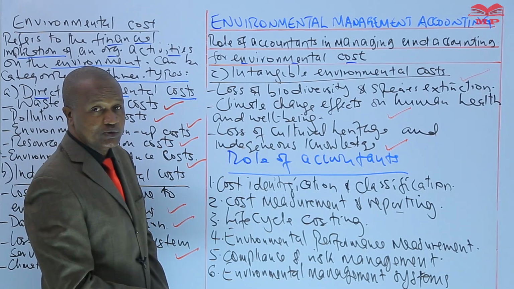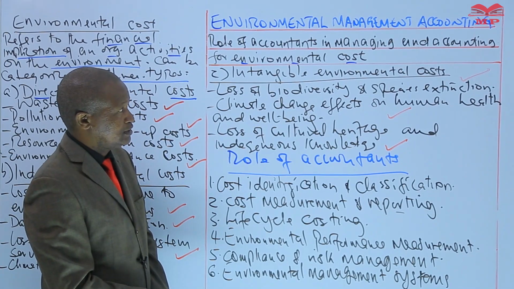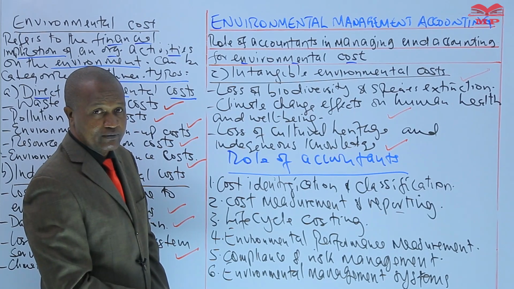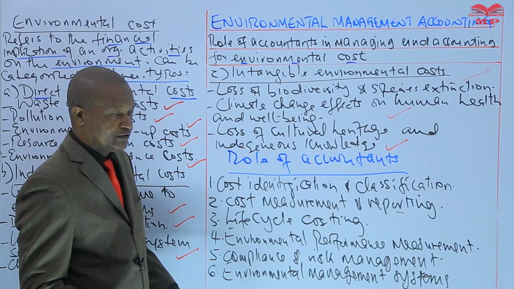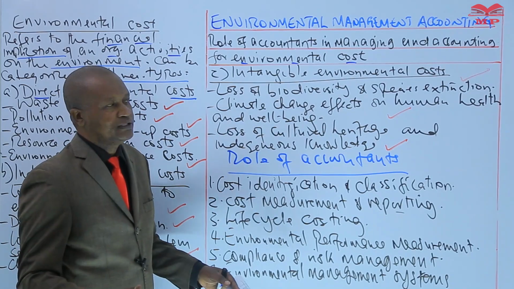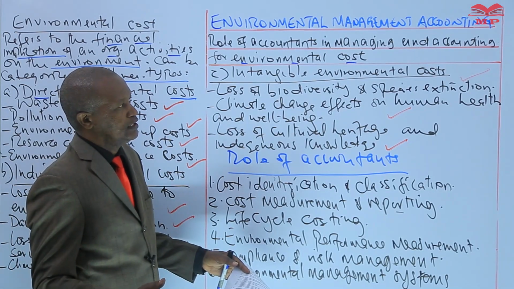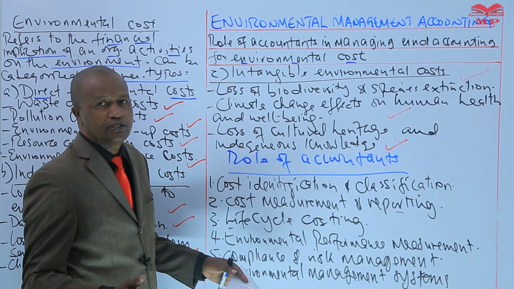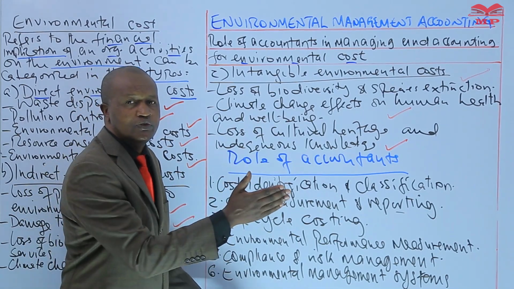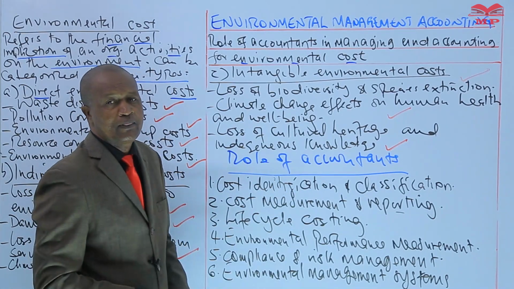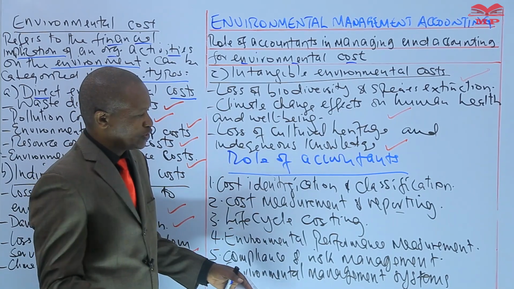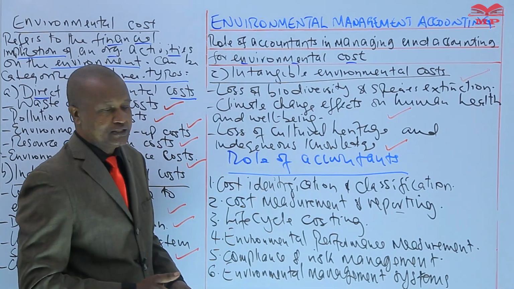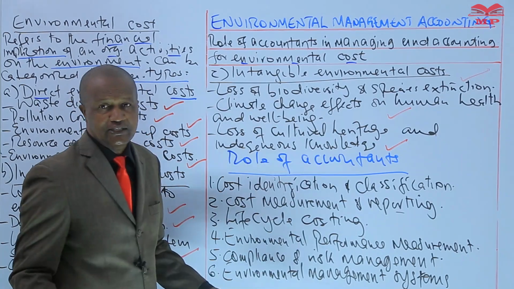And if you recall, this is what we studied in our first chapter in strategic management accounting, where we mentioned the fact that strategic management accounting goes beyond the traditional financial accounting processes to incorporate the social and environmental aspects. So this is how it's actually done.